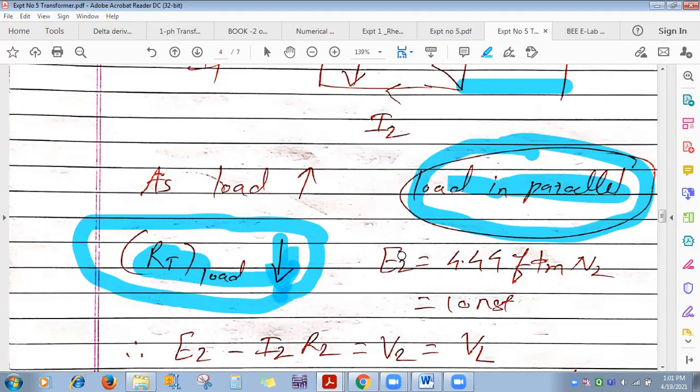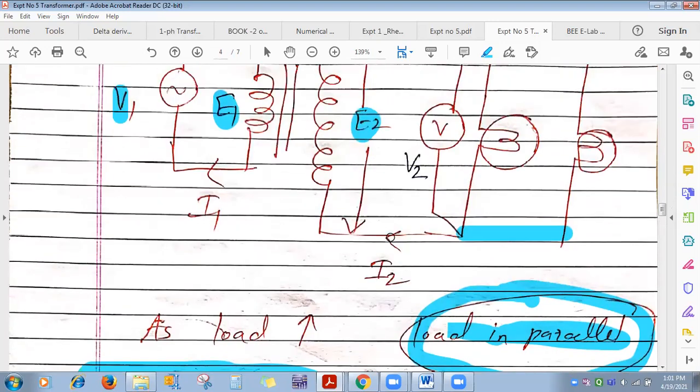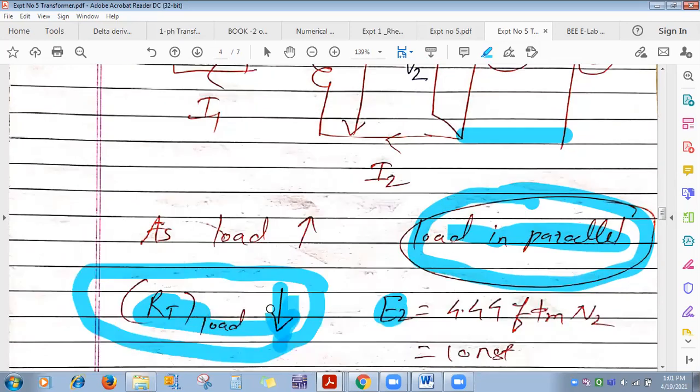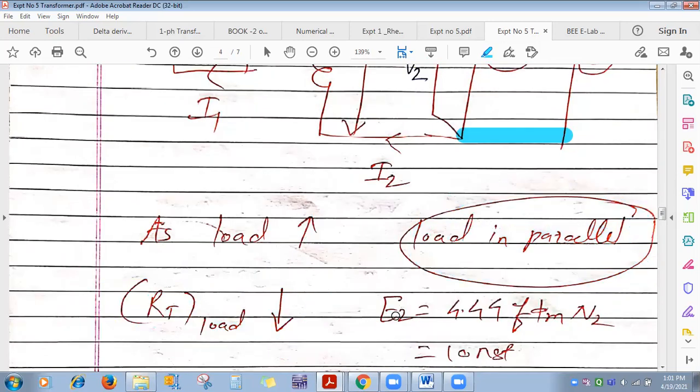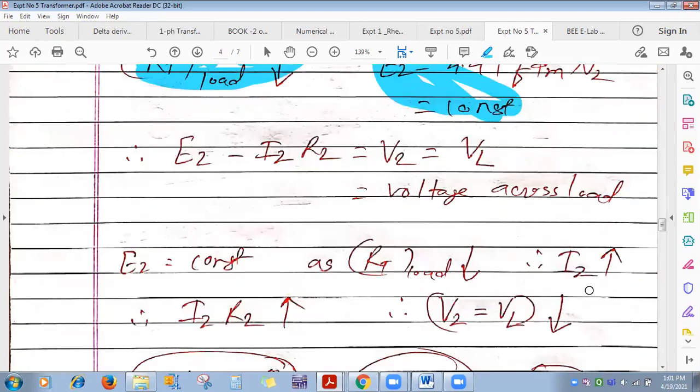On the secondary side, the induced EMF E2 is constant and the load resistance is decreasing. What is happening on the secondary? Voltage constant, resistance decreasing. What is its effect on current? Current will increase.